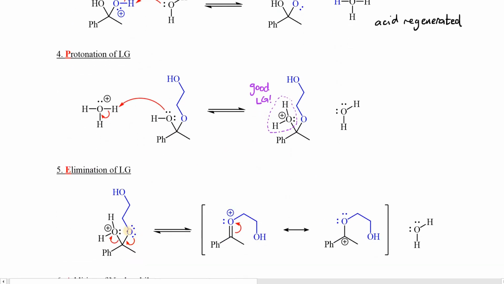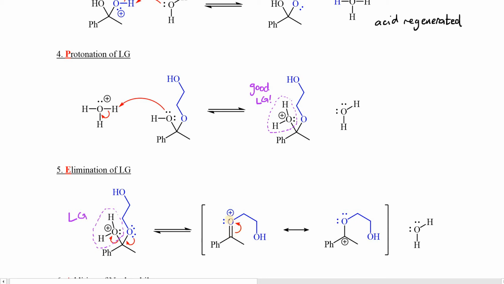The donation of electrons from this oxygen on the ethylene glycol portion will kick out the water molecule. So that's where this water is coming from. It's this loss of the leaving group. Okay, this is our leaving group. This oxygen can form a partial pi bond character right here and force out water as the leaving group. This also has a resonance contributing structure. The adjacent carbon can also bear the positive charge, and we could show that with this movement of electrons.